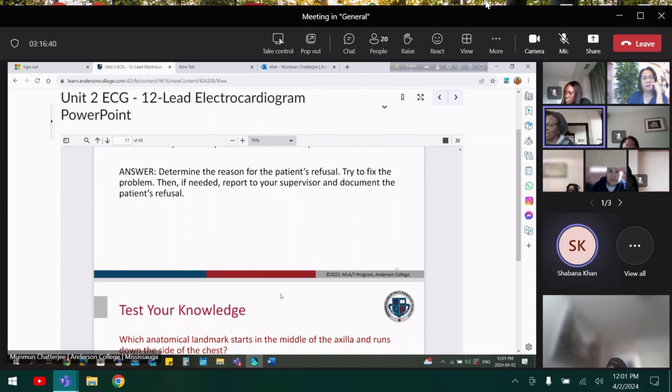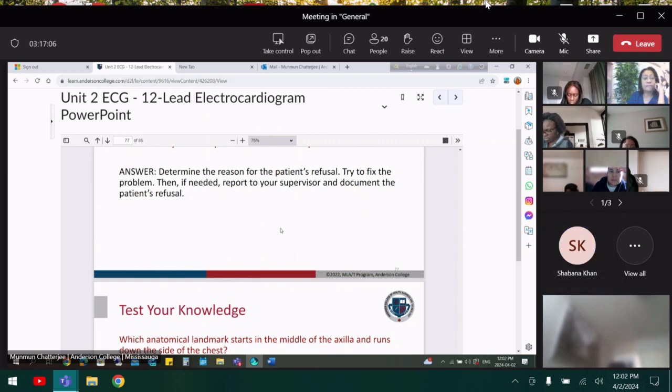Those are not the mid axilla. V4 is mid clavicle. V6 is at the mid axillary line. And anterior axillary, which number electrode? V5, yes.